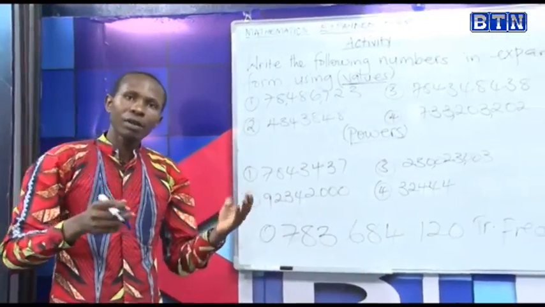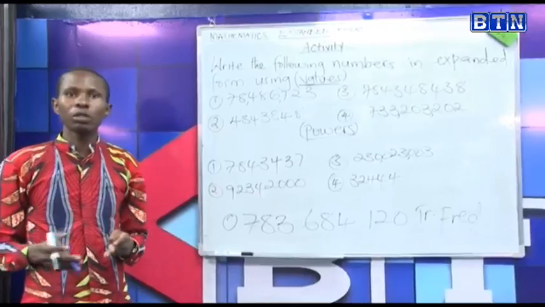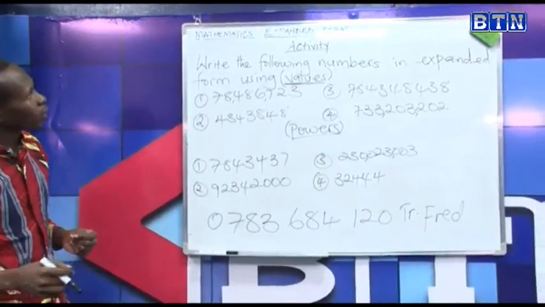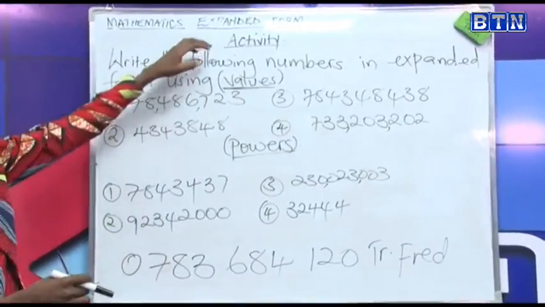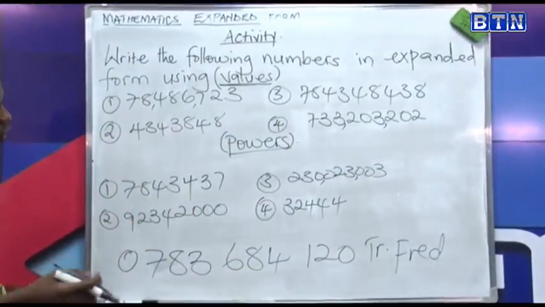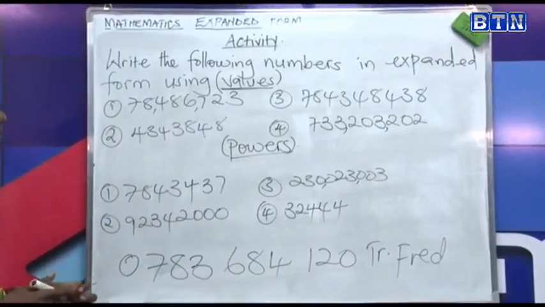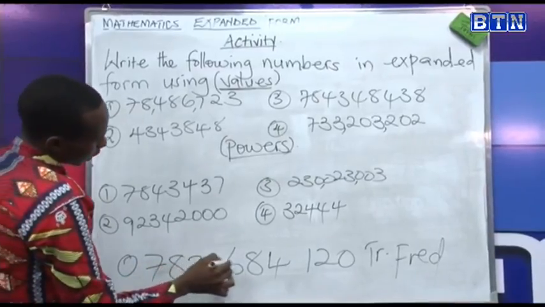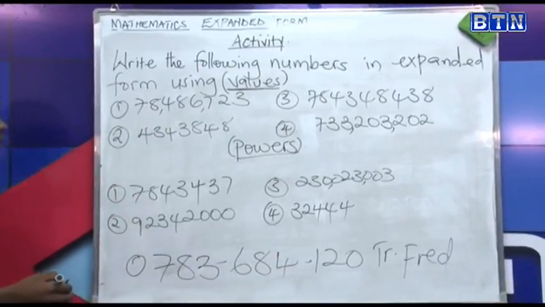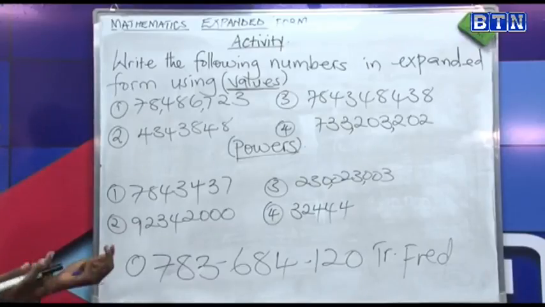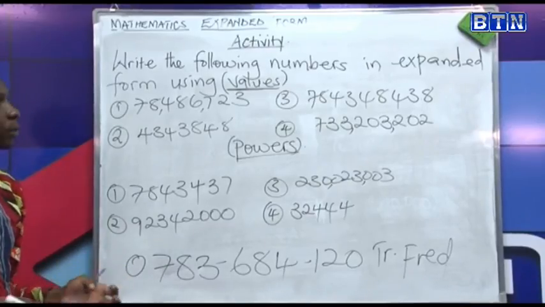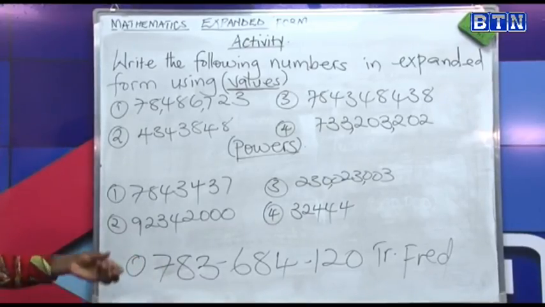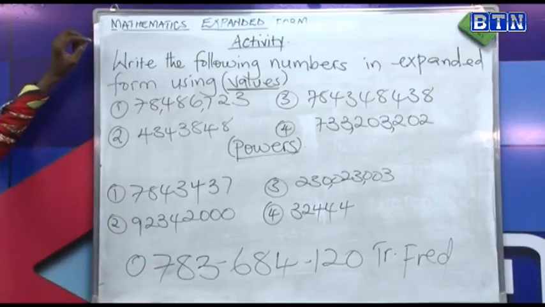So I would like you to also work out these activities based on what we have done. And in case you find something new that you are not understanding better, you can contact me. Then I'll see how you can be helped on this very number using WhatsApp or any messages, but don't call direct.